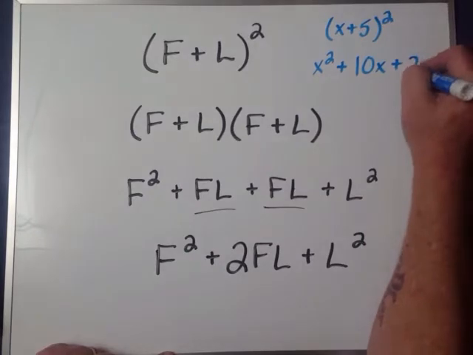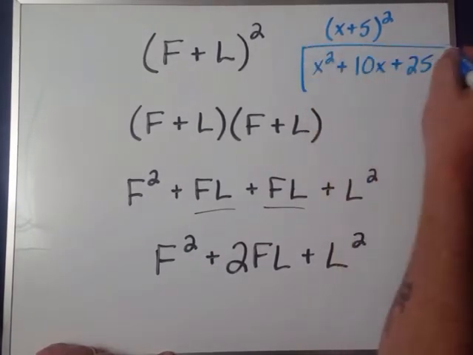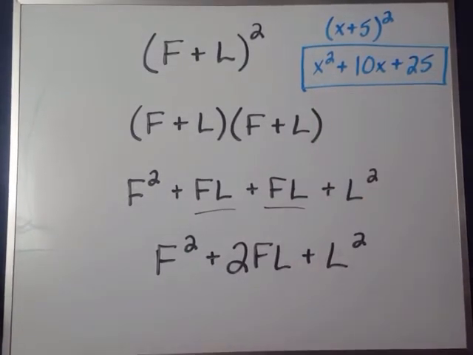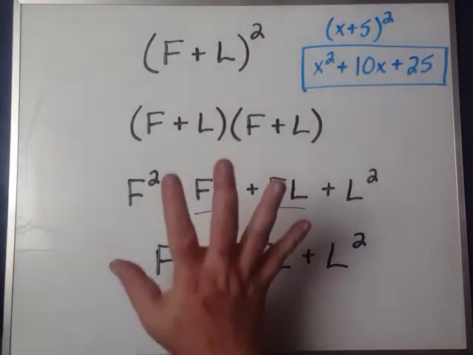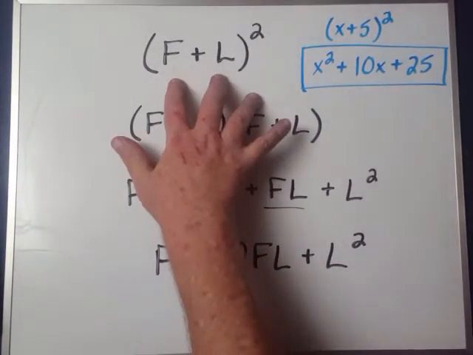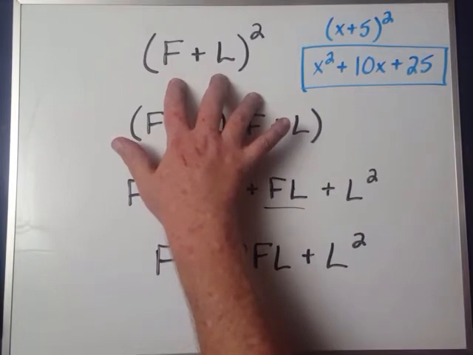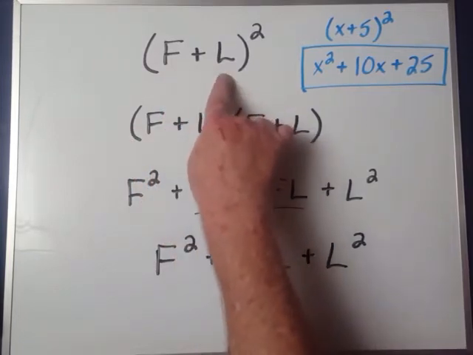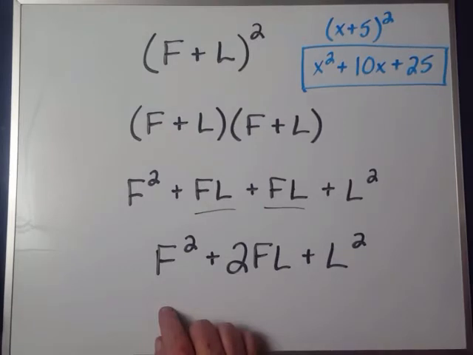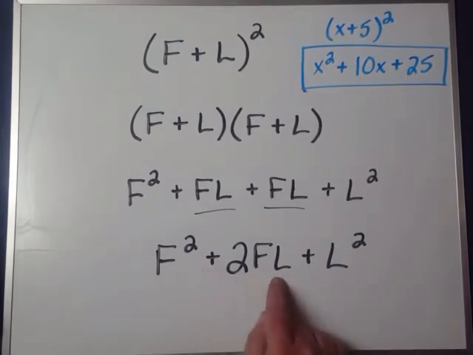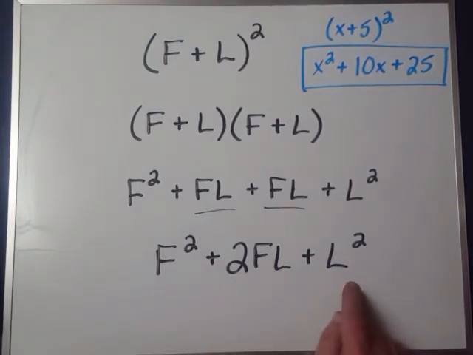Square the 5, you get 25, which is exactly what we had a moment ago going through FOIL. But now we can do it much quicker, because we have this general attack. We have this binomial that we wrote in general terms, a first term and a last term, and the answer is always going to be the first squared plus double the first times the last plus the last squared.